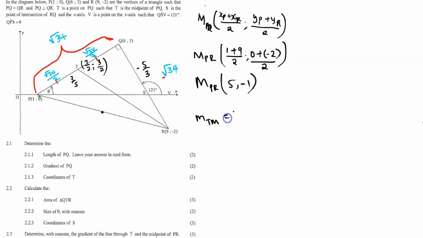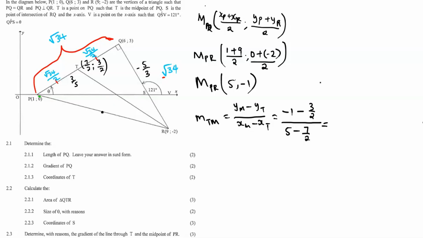So the gradient is equal to the y of M minus the y of T, all that over the x of M minus the x of T. And the y of M is -1 minus 3/2, all that over the x of M, which is 5 minus 7/2. So you just punch that on your calculator and you get the gradient of TM.